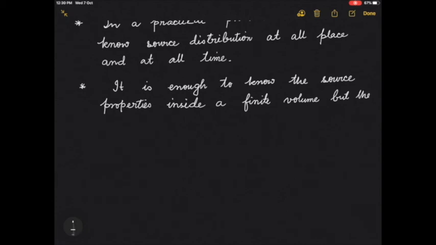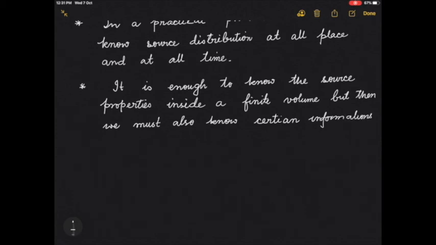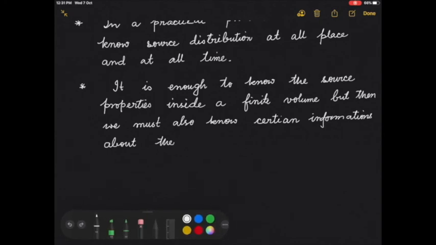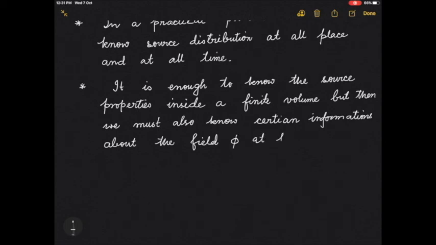But then we must also know certain information about the field itself at the boundary of the volume.